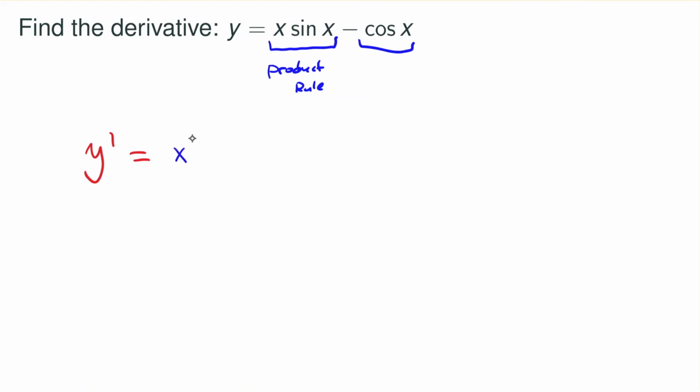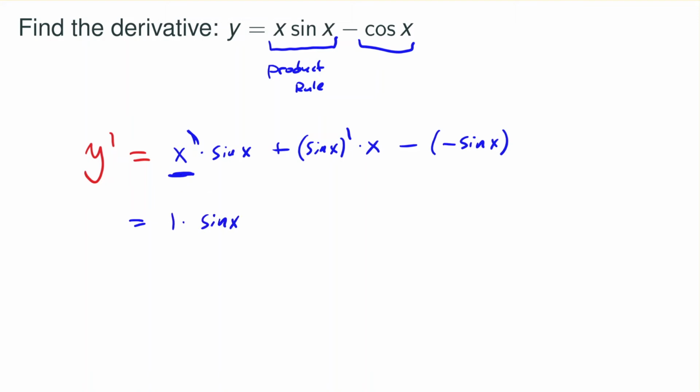So derivative of x times sine x plus derivative of sine x times x minus derivative of cosine x is negative sine x. So then derivative of x is just 1, sine x, derivative of sine is cosine, so plus cosine x times x, minus minus becomes positive sine x.